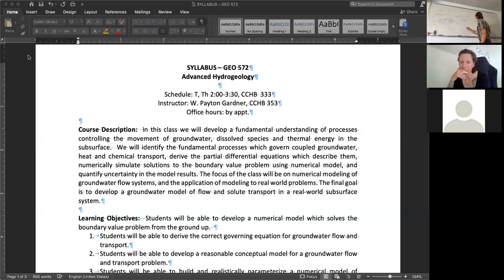Okay, so now I can write this equation: delta x, delta y, delta z, n rho water over delta t, and that's equal to my mass in, rho water q sub x times delta y times delta z.